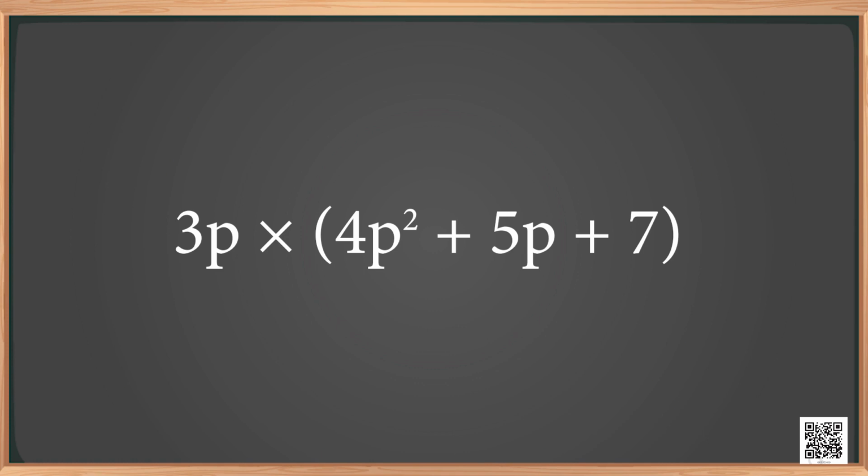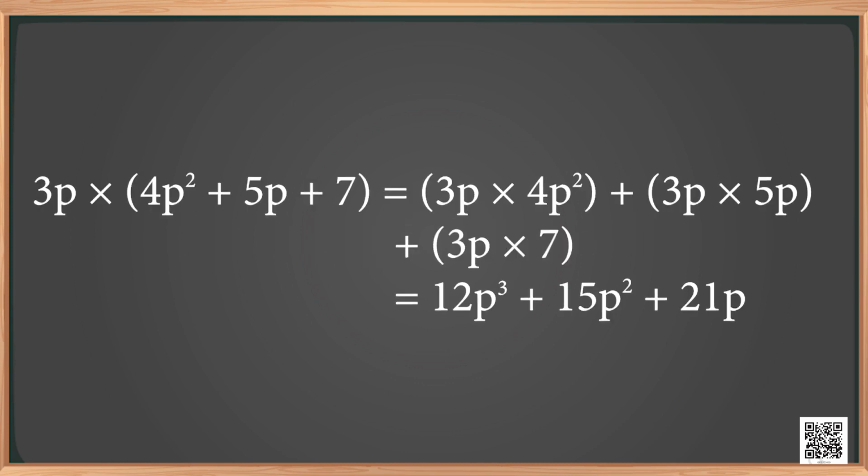As in the earlier case, we use the distributive law here. 3p times 4p square plus 5p plus 7 is equal to 3p into 4p square plus 3p into 5p plus 3p into 7, which is equal to 12p cube plus 15p square plus 21p. We multiplied each term of the trinomial by the monomial and added the products.